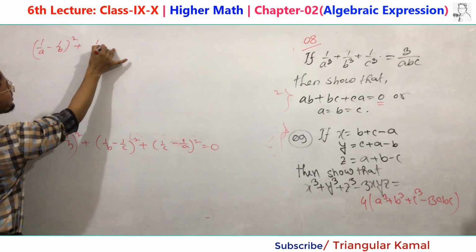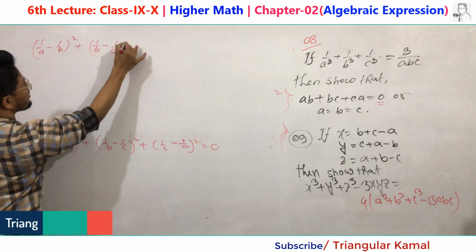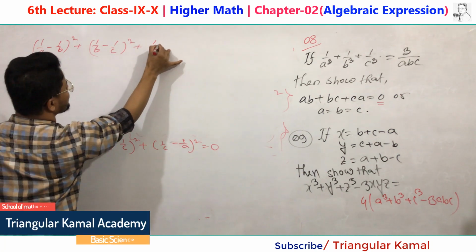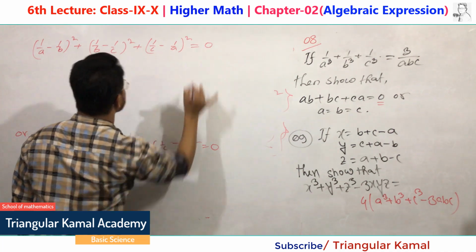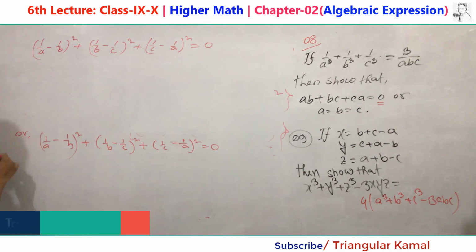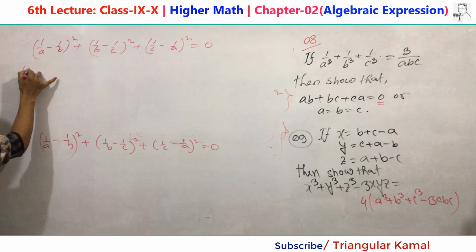Plus 1 by b minus 1 by c whole square plus 1 by c minus 1 by a whole square equals to 0.